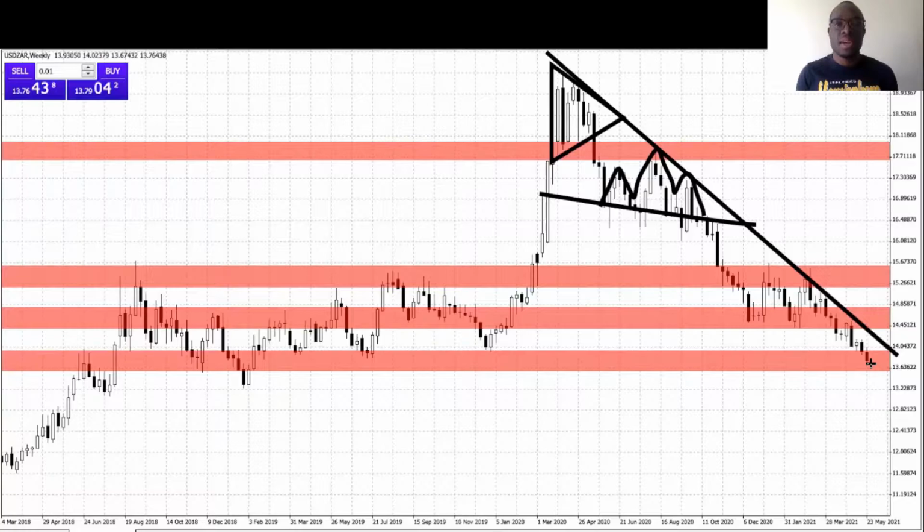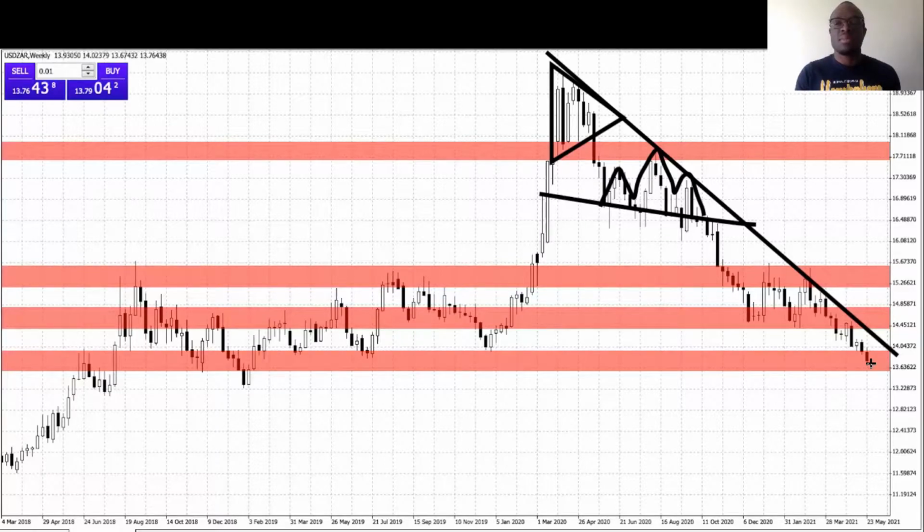In this particular week, since the price is now at the support zone, I'm really expecting volatility to kick in. So I'm expecting a situation where you might see that the candlestick patterns will have larger wicks.